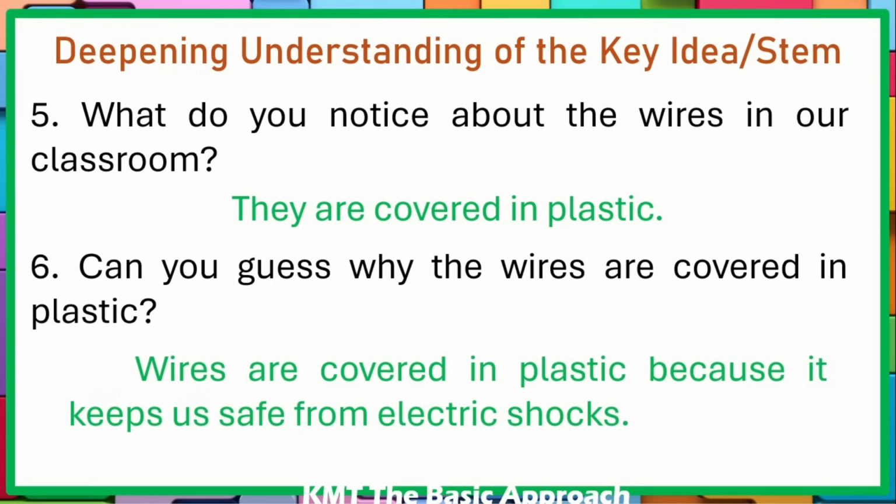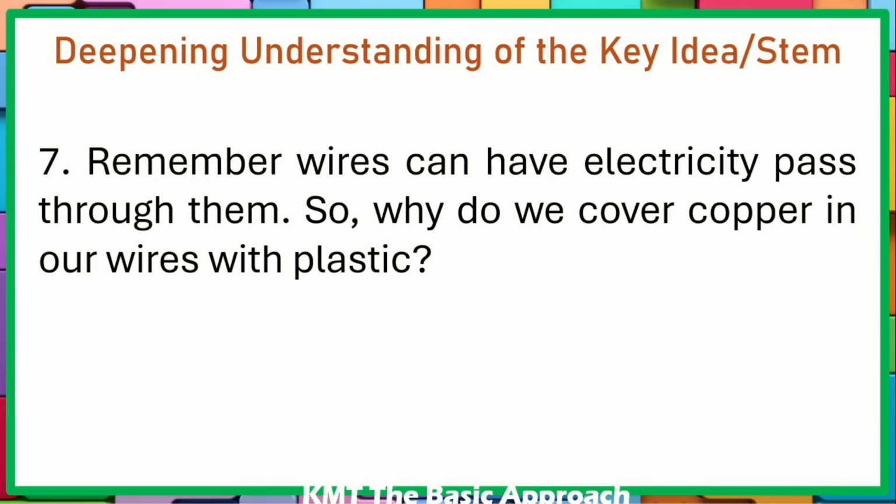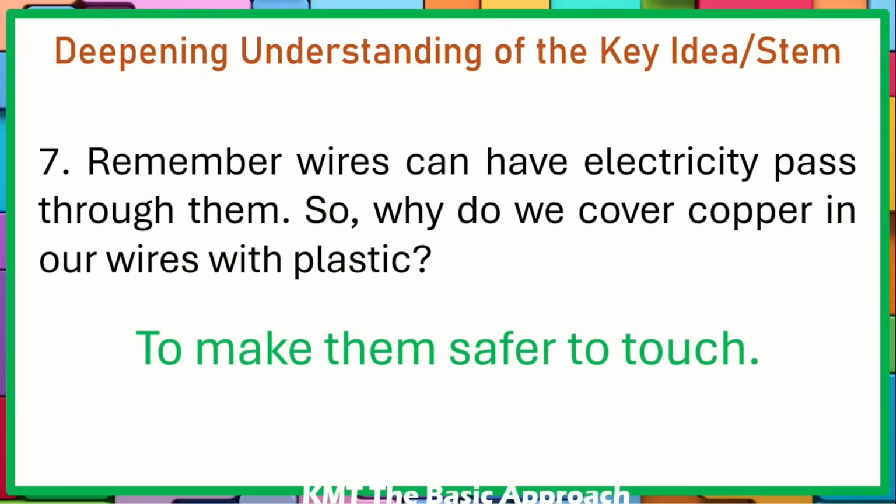Wires are covered in plastic because it keeps us safe from electric shocks. Number 7. Remember, wires can have electricity pass through them. So why do we cover copper in our wires with plastic? Correct! To make them safer to touch.